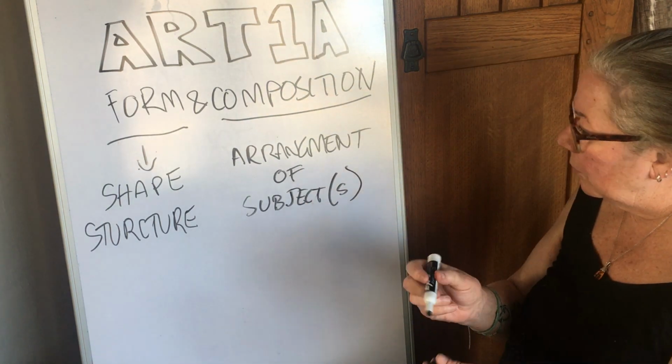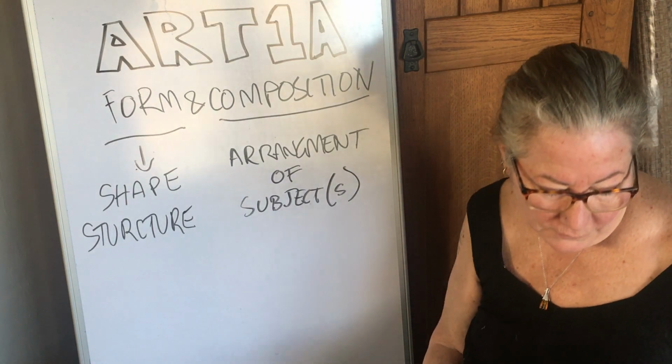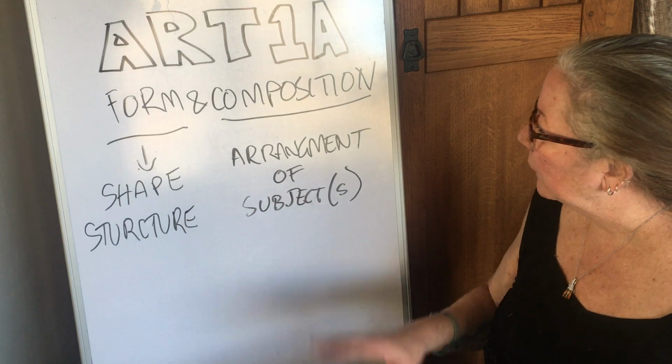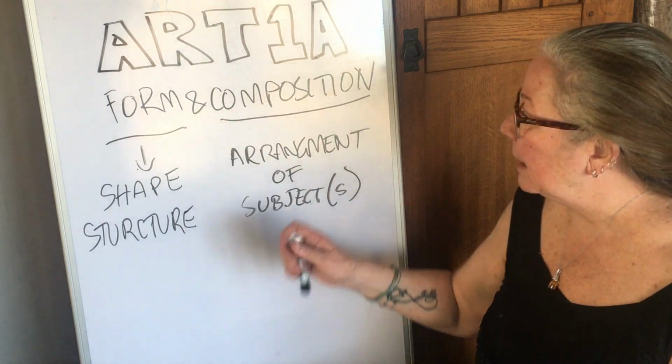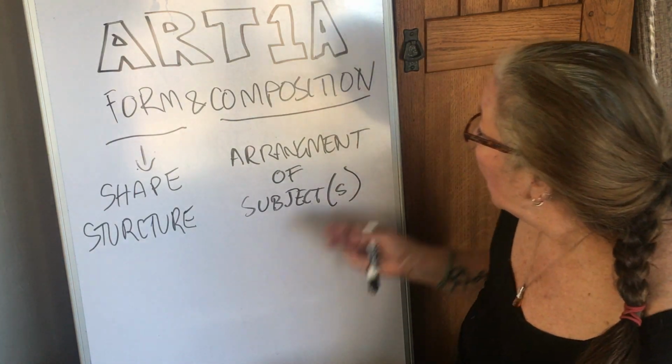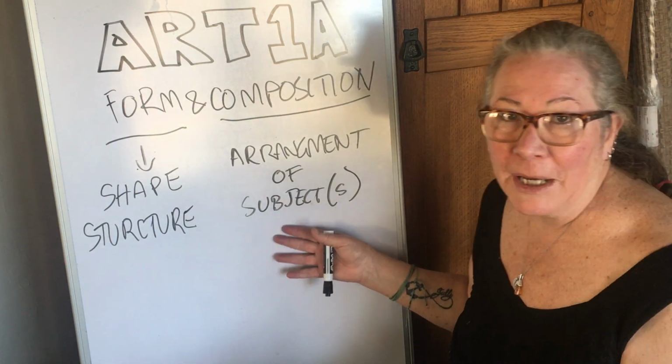So these are the first two words, form and composition. You really want to know what that means. Form is the shape or structure of the artwork. Composition is the arrangement of the subjects.